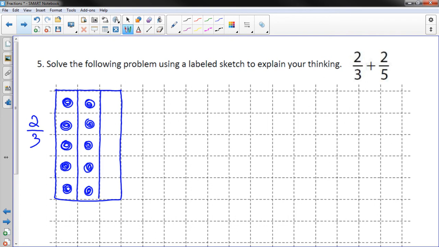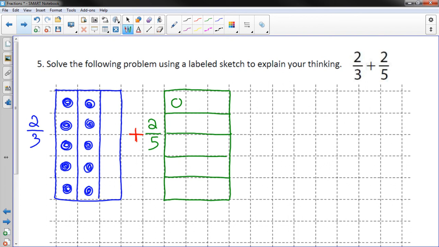So we're going to add 2/5. So let's break this up into fifths. And we're going to shade in 2 of those 5.